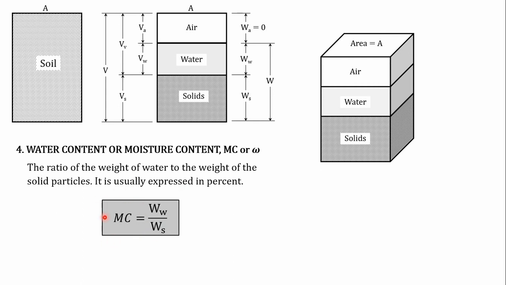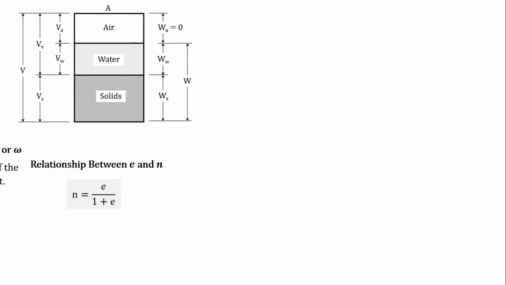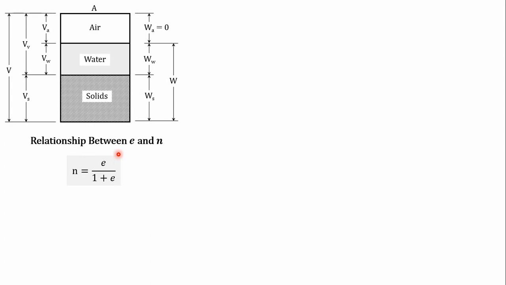Now, the relationship between the void ratio and porosity has this formula: N is equal to E over 1 plus E. That is, the porosity is equal to the void ratio divided by 1 plus void ratio.